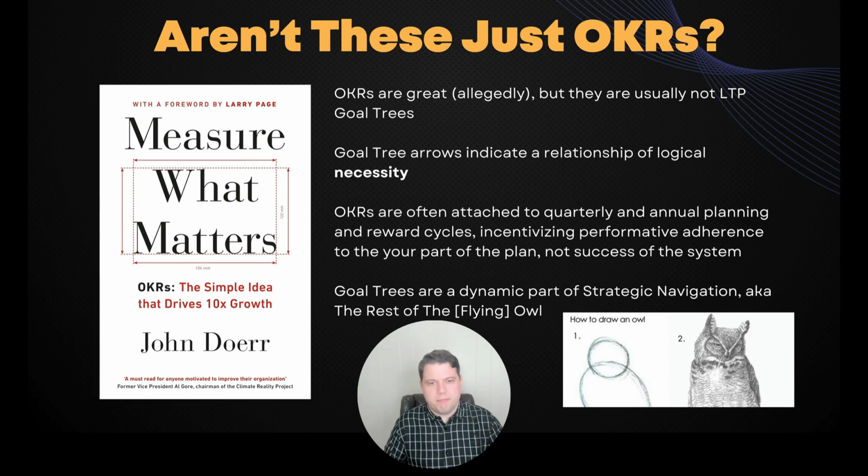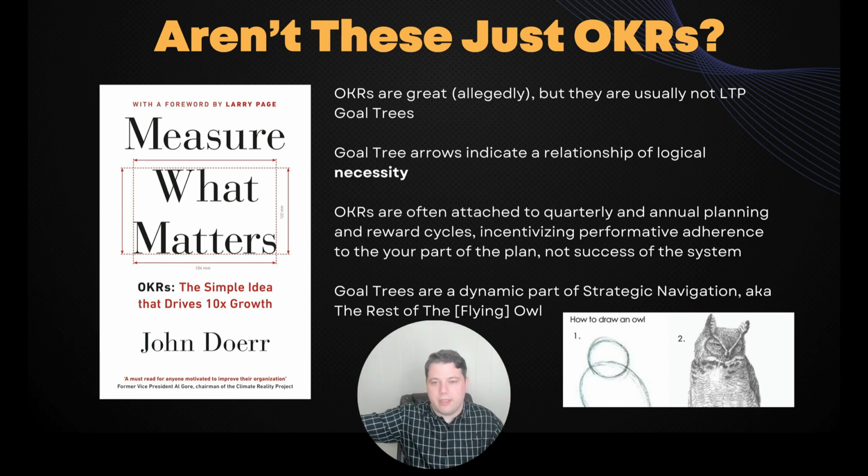Another difference, and this may be just how they're commonly implemented rather than what the official OKRs need to be, but OKRs are often attached to quarterly and annual planning and reward cycles. This tends to incentivize performative adherence to your part of the plan, not the success of the overall system. Now, that's just me editorializing based on my own experience.